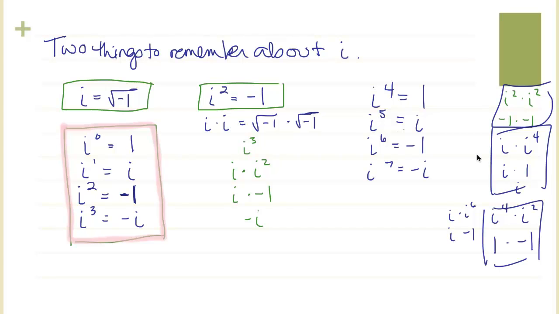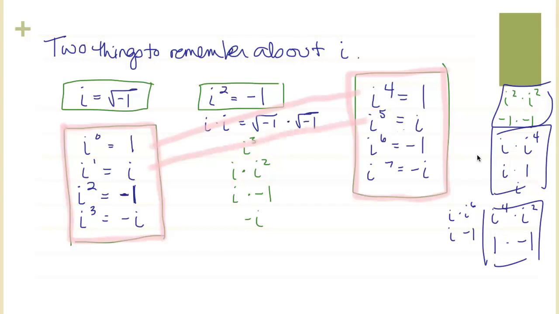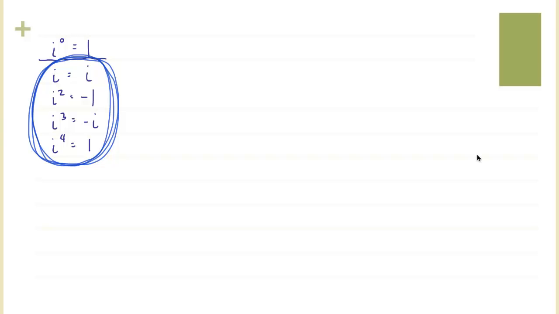What do you notice here? This looks very similar to this. Same, same, same, same. That pattern continues. I just copied that same little chart over onto a clean slide here.